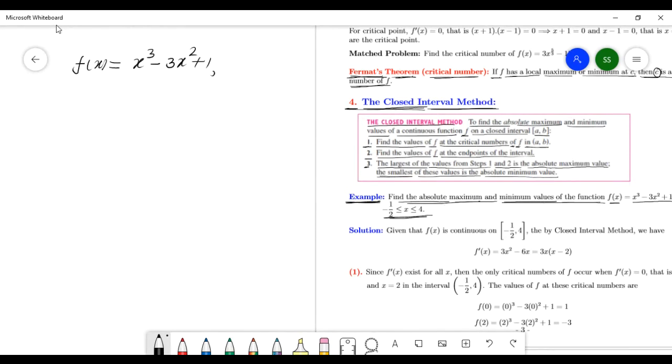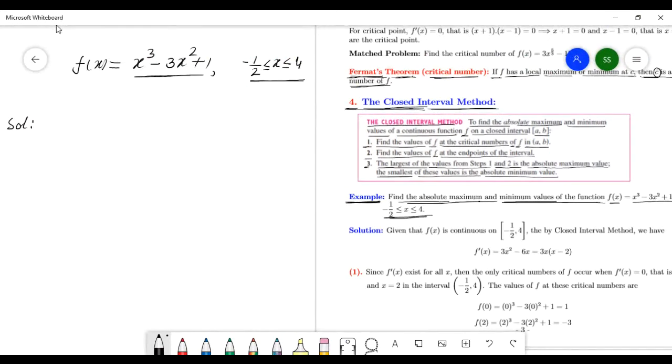And here the interval is given: −1/2 ≤ x ≤ 4. x is between −1/2 and 4, and you have to find the absolute maximum and absolute minimum value of this function. Now see the solution. This given function is a polynomial, so this polynomial is continuous everywhere.